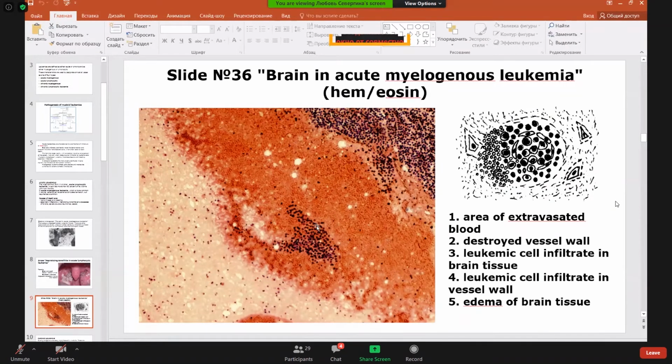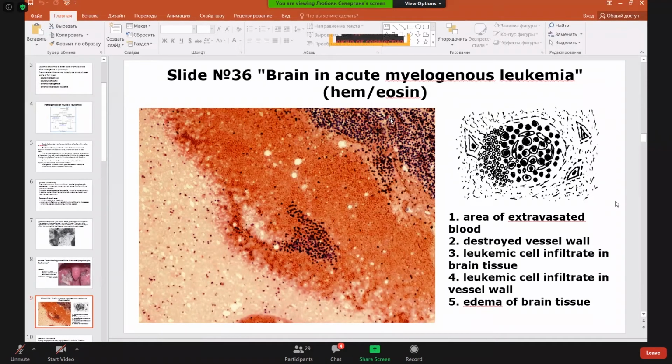The cytoplasm of these cells is dark purple in color, so-called leukemic infiltrates. And at the right part of the slide, you can see the contour, the shape of a partially preserved vessel.